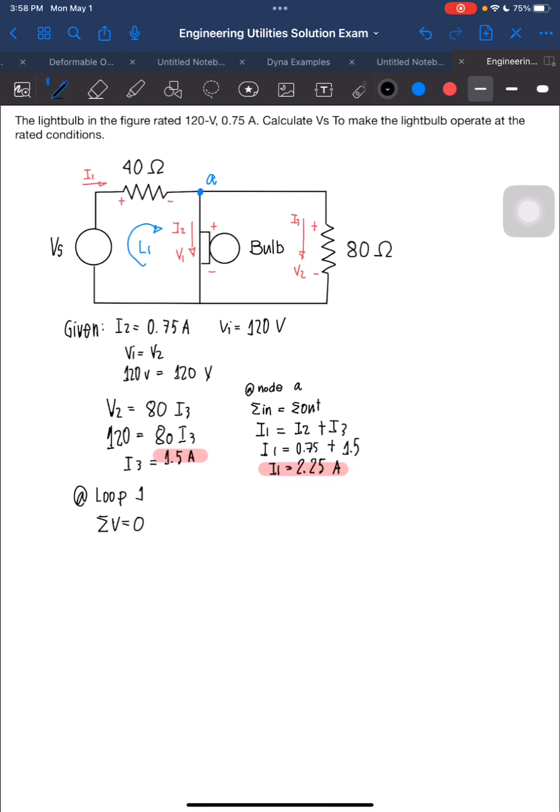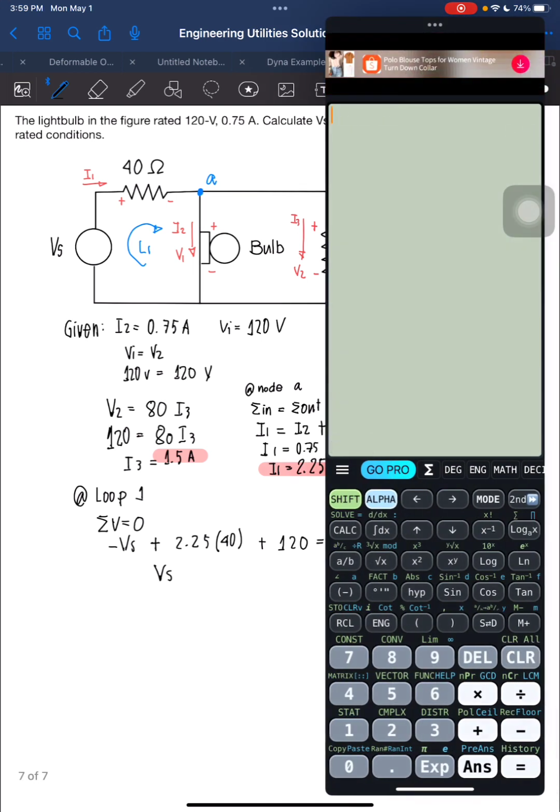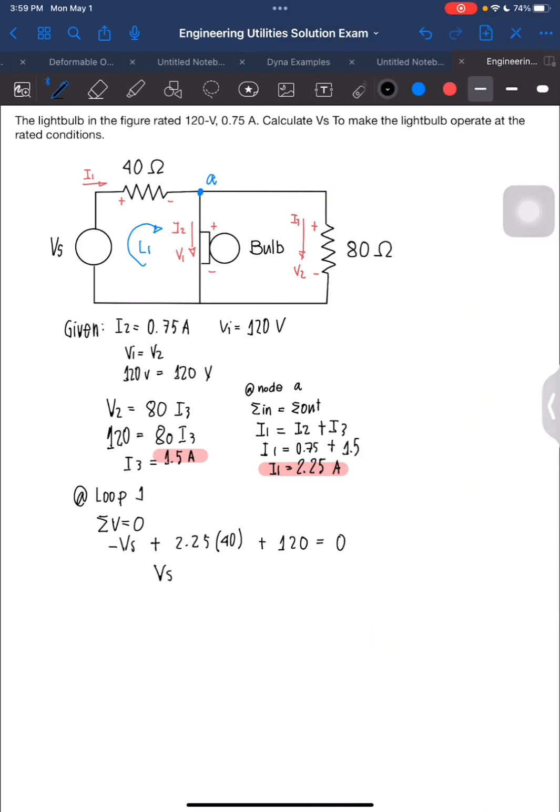Loop 1 natin ay negative VS plus yung volt natin dito which is 2.25 times 40 ohms plus 120 is equal to 0. So, pwede na natin malaman yung VS. 2.25 times 40 plus 120 equals 210. So, ang VS natin dito ay 210 volts.